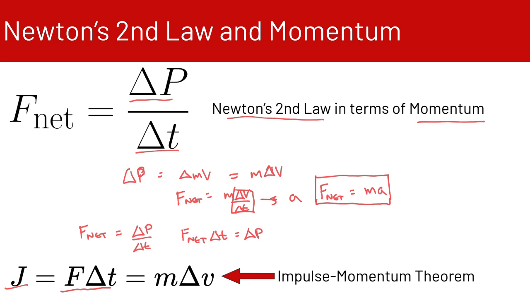F times delta T equals m delta V, which is what we have right here. So this is the impulse momentum theorem. This tells us that the impulse is force times the time, which is the same thing as the change of momentum.